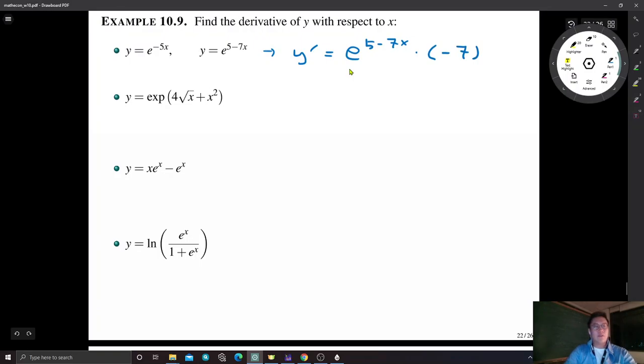Okay? E to the power negative 5x, that is the same. Y prime is e to the power negative 5x, and multiply by derivative of the power, that is negative 5.